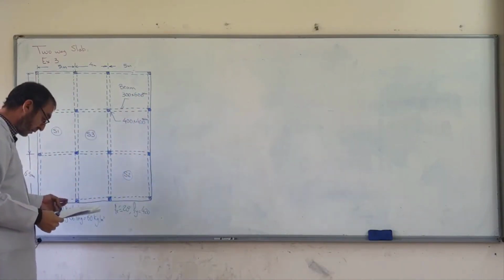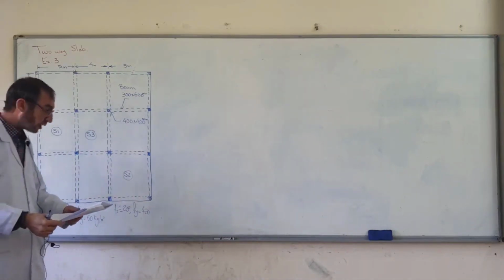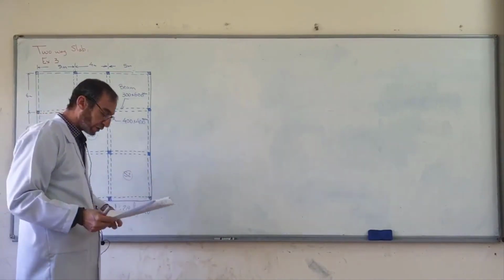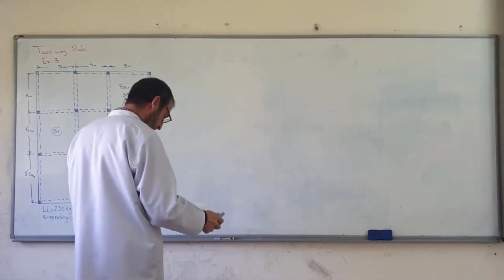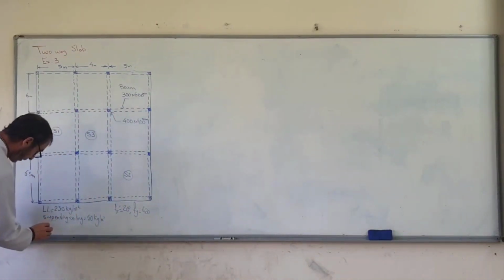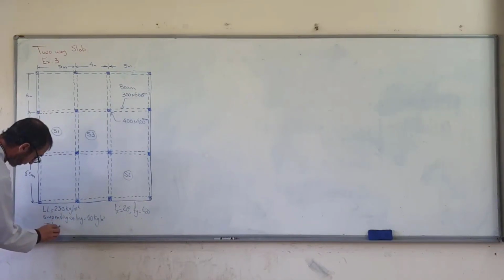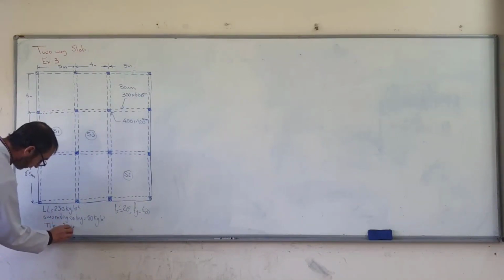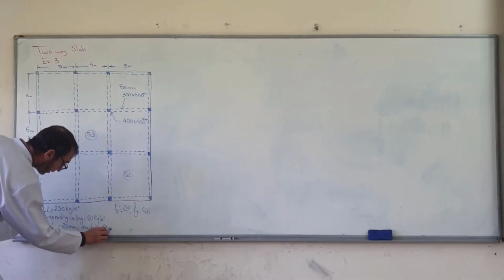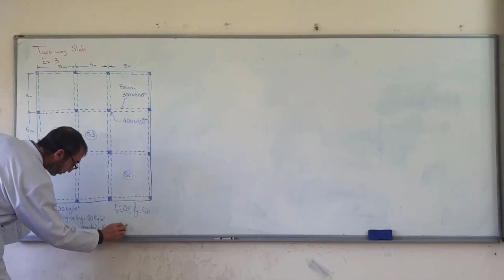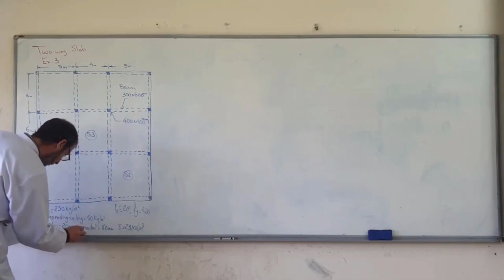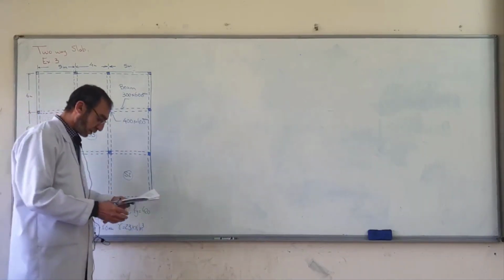Slab thickness is not given, we try to find the slab thickness. Load for tile and mortar is also given. Tiles 20 millimeters, mortar 60 millimeters, and gamma for this is equal to 23 kilonewton per meter cubic.